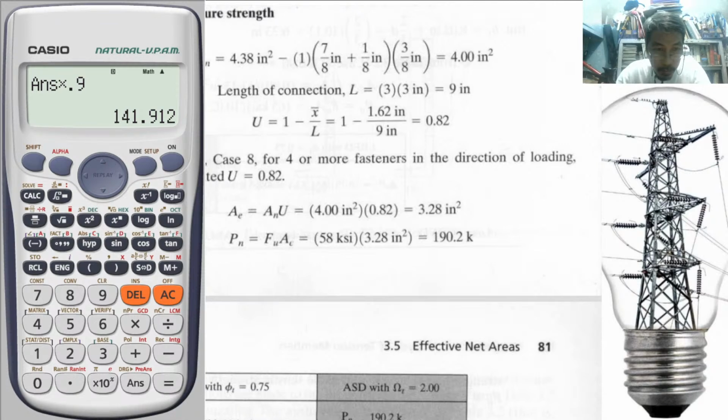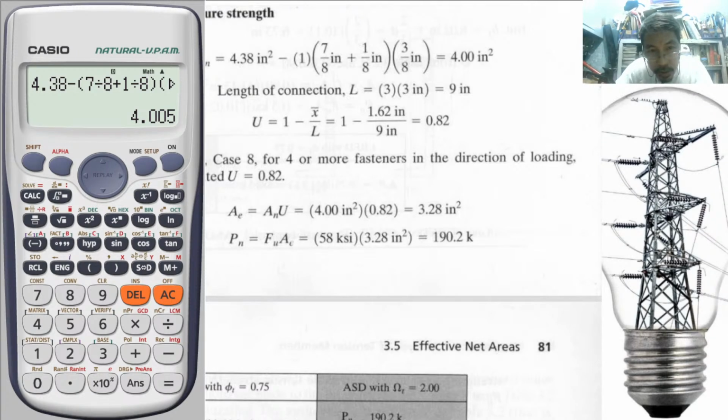So the gross area is 4.38, minus the hole diameter, which is 7/8 plus 1/8, that is 1. 7/8 plus 1/8 is 1. Multiply by thickness, which is 3/8. That is equal to 4.005 or equal to 4. Okay?